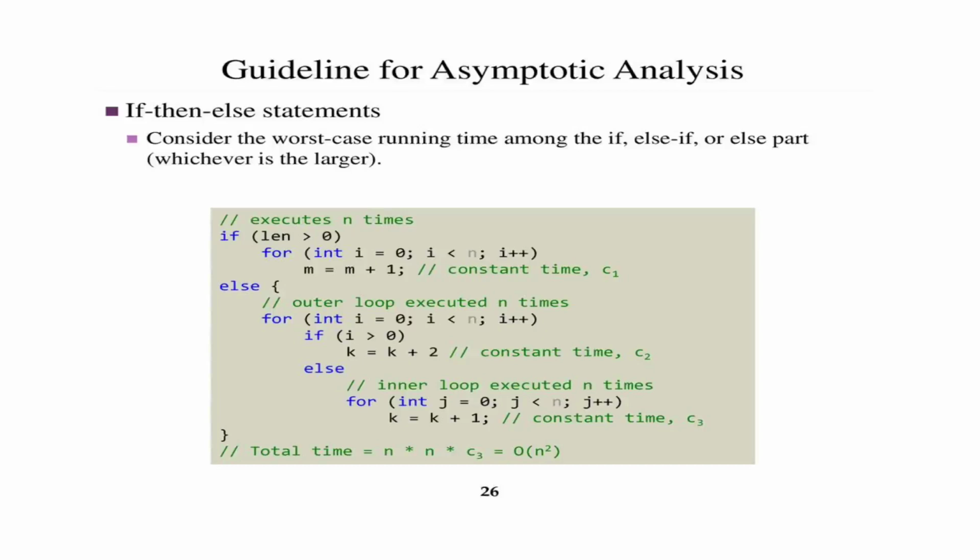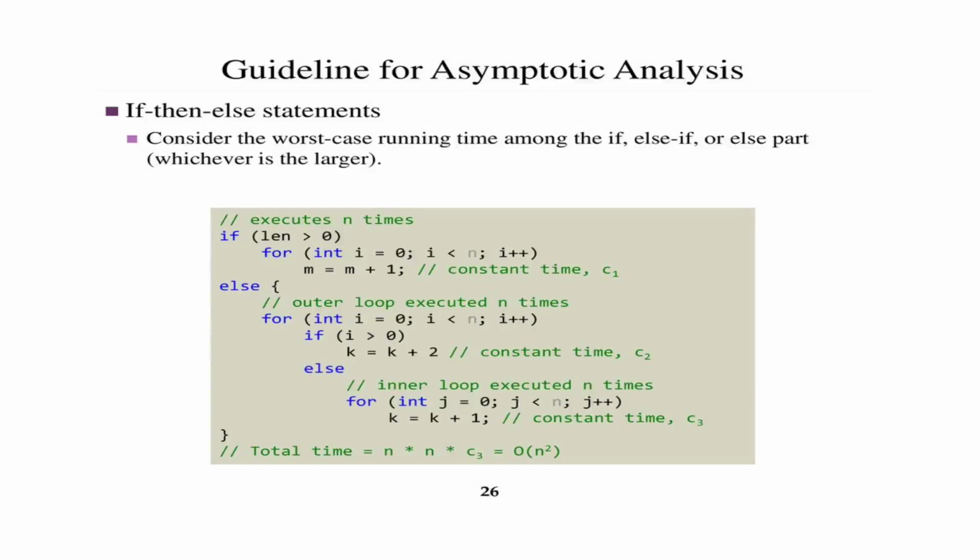So here we have an if condition. If the length is greater than 0, then only we go for a for loop, int i equals 0 to n, i plus plus, so that the entire loop executes n times.